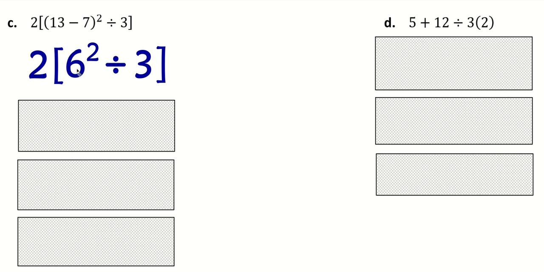And if you want to keep some parentheses around the 6, that's fine, but I don't think you need it. And again, we're still technically inside the brackets, the original grouping symbol. So you need to figure out what would come next in hierarchy. And it should be what? What comes first, division or doing an exponent?